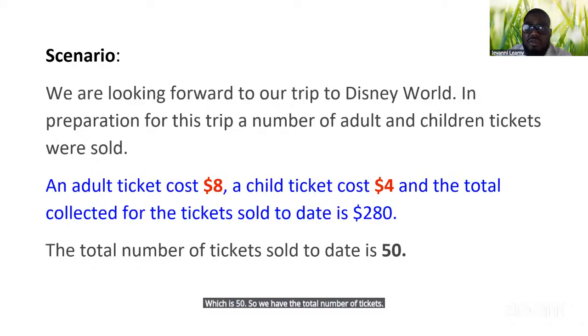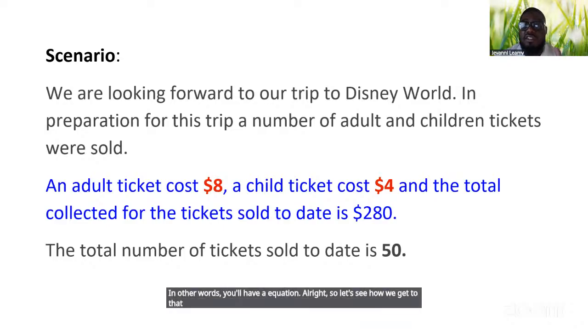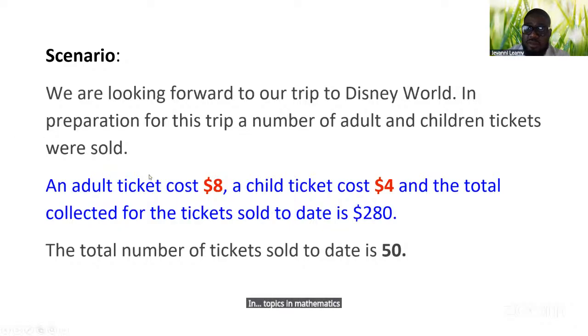So now you'll be putting this in a mathematical sentence. In other words, you'll have an equation. Let's see how we get to that equation. This is how algebra is so crucial in topics in mathematics, and not just for algebra alone. Algebra is all over in mathematics.